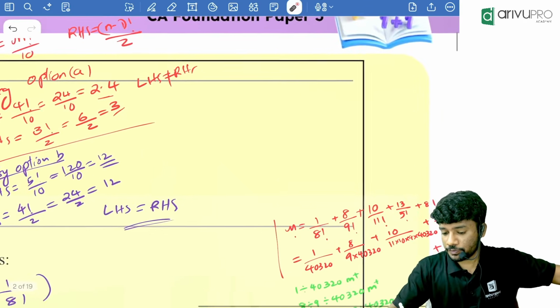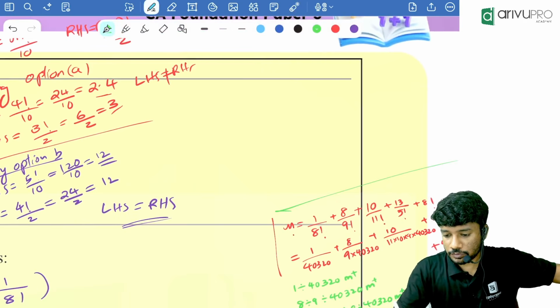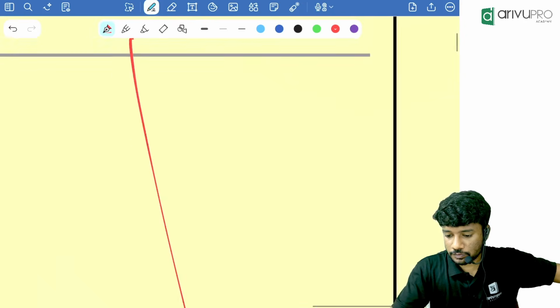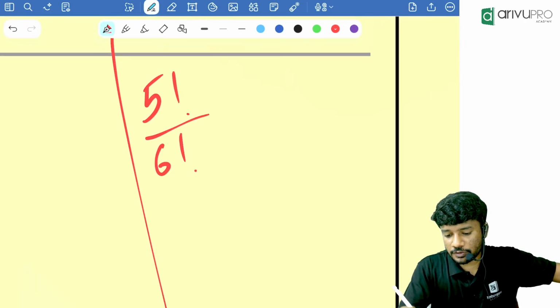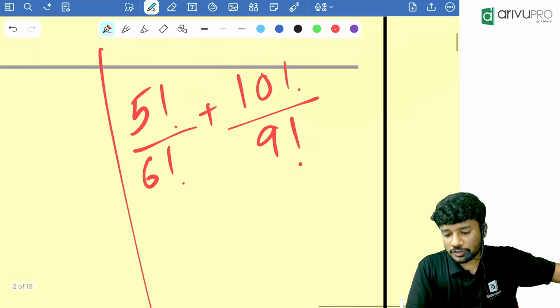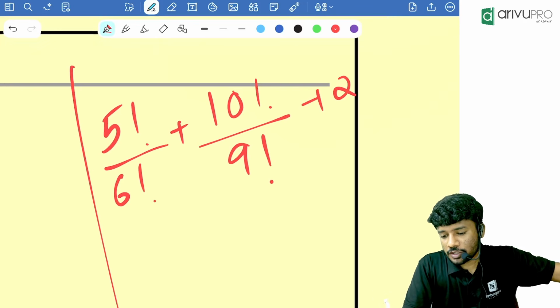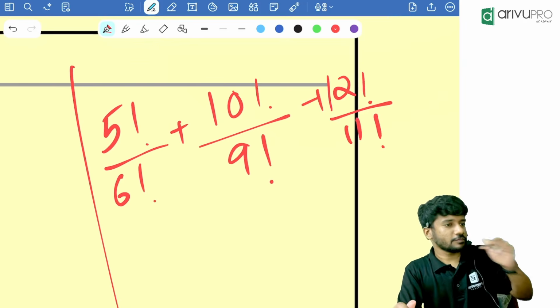Next question. Five factorial divided by 6 factorial plus 10 factorial divided by 9 factorial plus 12 factorial divided by 11 factorial.